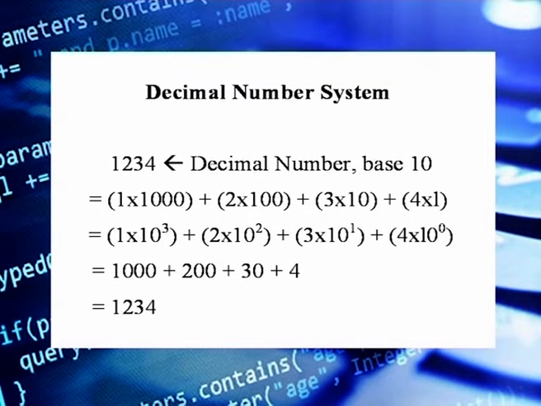Here it is given 1 into 1000 plus 2 into 100 plus 3 into 10 plus 4 into 1, which is equal to 1000 plus 200 plus 30 plus 4, which is equal to 1234. As you can see, each digit is multiplied with the powers of 10 because it is a decimal number, and ultimately we get the original number.